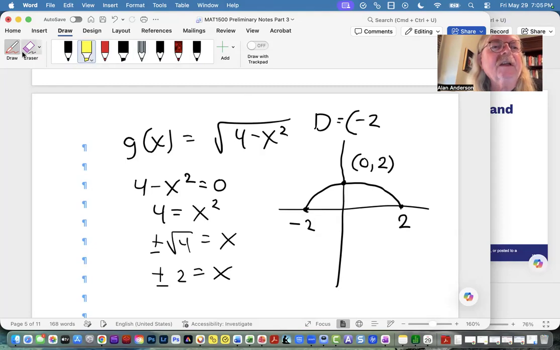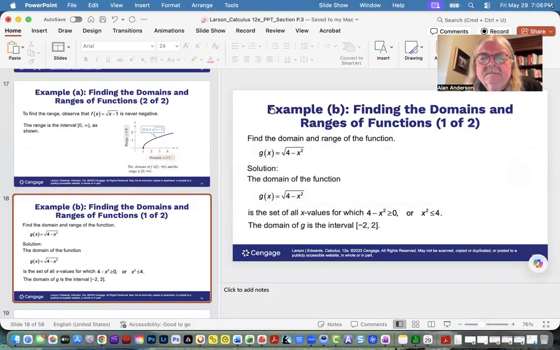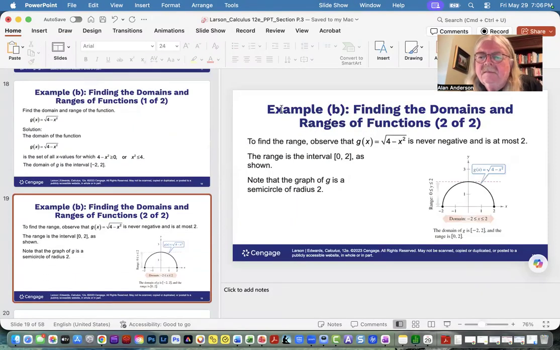Oh, actually, no, sorry. It includes the two endpoints, so we need the square brackets. Wow, look at that. Now that's a very interesting case. And here's their graph.